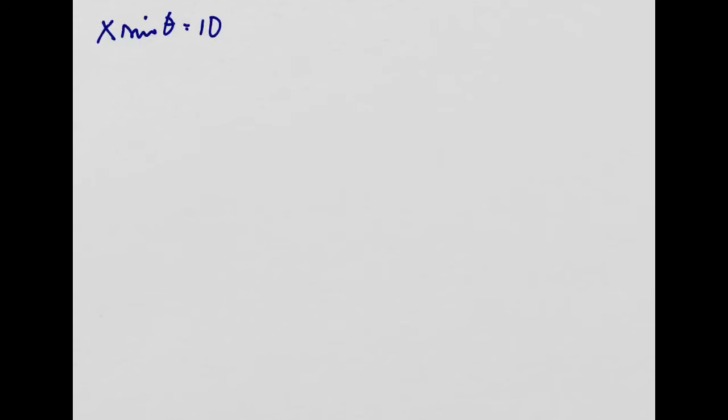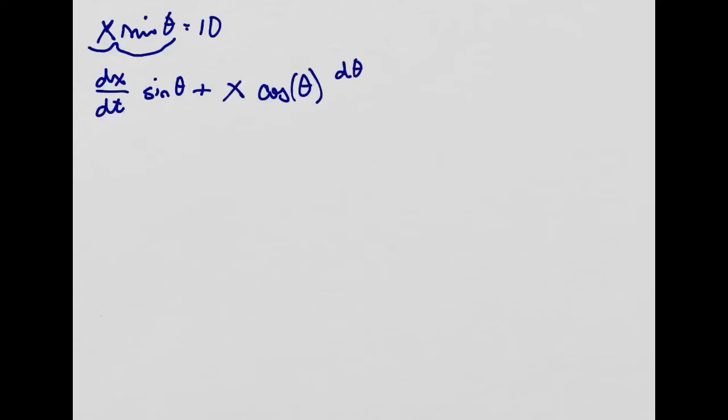We have x and sine theta, two factors, which means we need to use the product rule. The derivative of x is dx dt sine theta, plus x times the derivative of sine, which is cosine theta, but we need to multiply by d theta dt because we are using implicit differentiation. This is equal to 0.